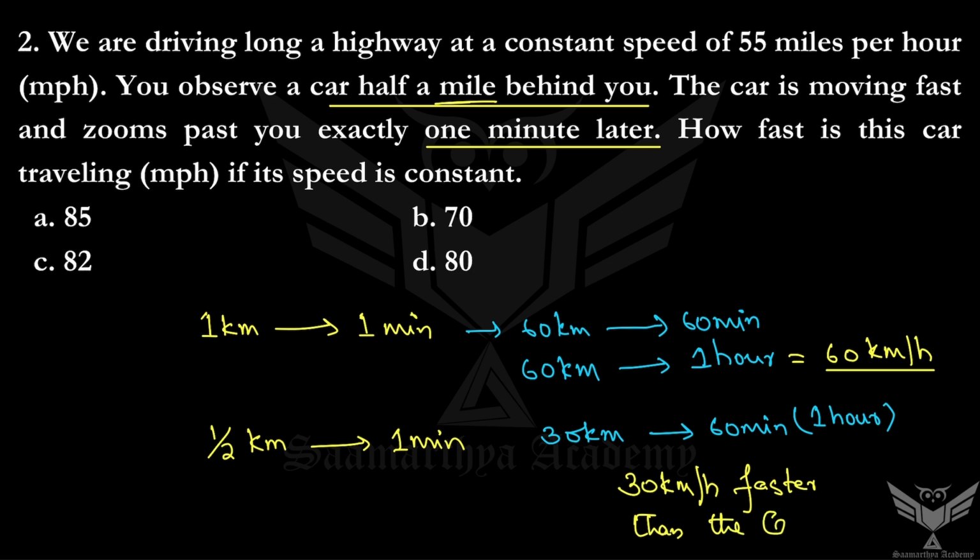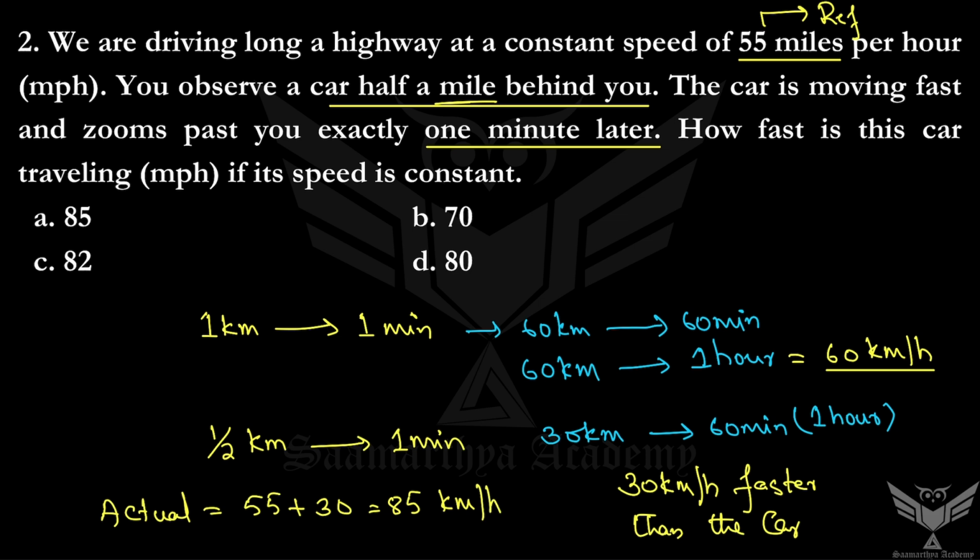Faster than the car. And the speed of the car itself is 55 miles per hour. That is my reference. Now, the actual speed of the car is 55 plus 30, which is 85 kilometers per hour.